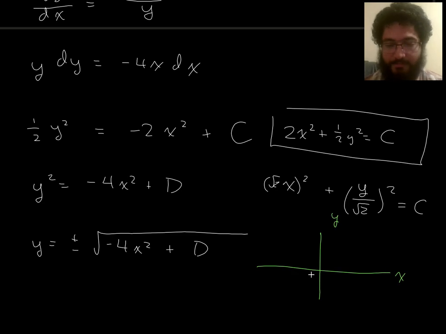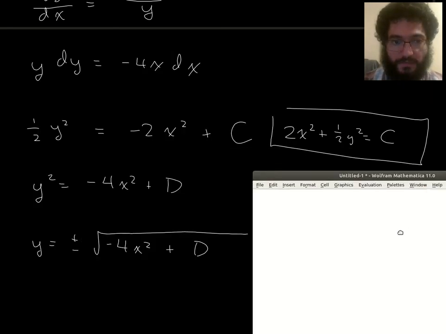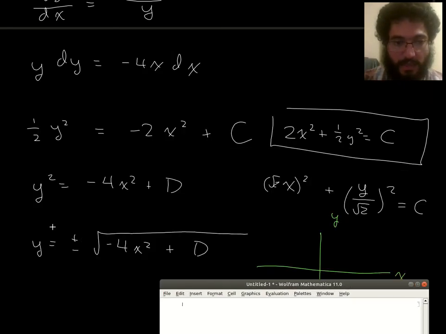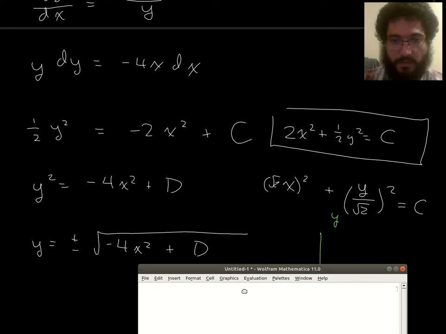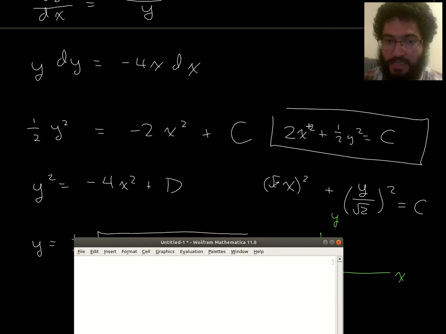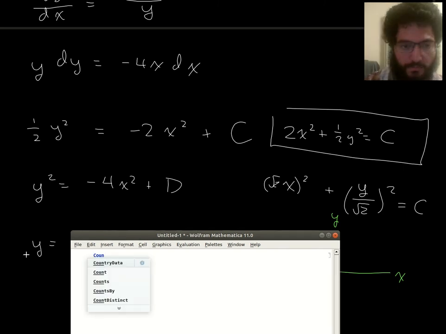So maybe I'll go to Mathematica to plot this. I could just plot this function, y equals square root of this, or I could plot this equation. So it is possible to give Mathematica an equation relating x and y, and then ask it to just plot the curve that satisfies that equation. It's called a contour plot, if I can spell that. And let's see, I think this will work.